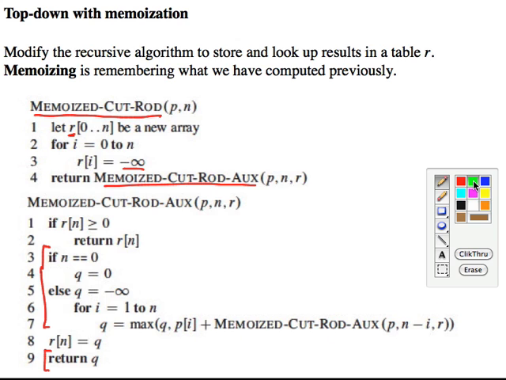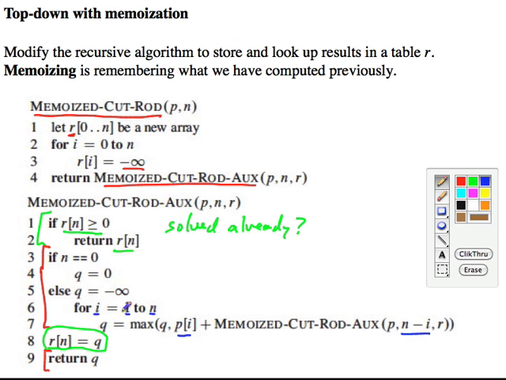But the part that is added is the first thing you do is to see, have we already solved it before? And of course, since we have initialized things to negative infinity, any value greater than 0 is a previous solution, so we just return it and we save all that work. And the other part that's new is after we've computed the optimal value for this subproblem, we store it right here.